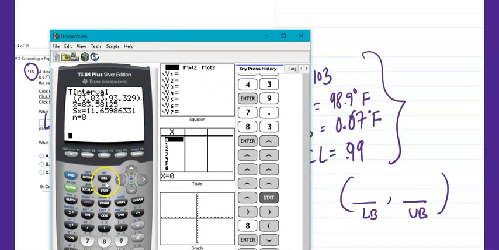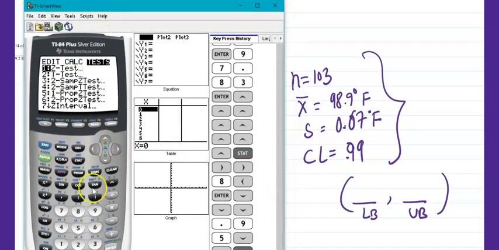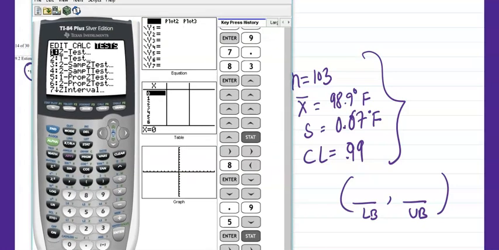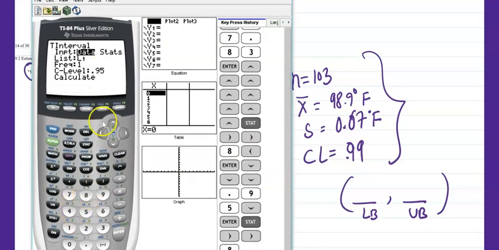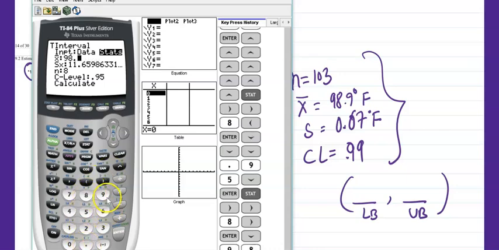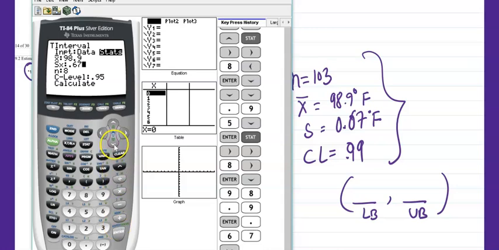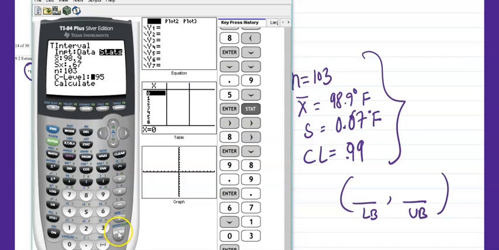So I'm going to do again STAT TESTS number 8, right? Number 8. I'm going to choose the Stats option here, and since I have stats, x bar is 98.9. The sample standard deviation is 0.67, the sample size is 103, and the confidence level is 0.99.